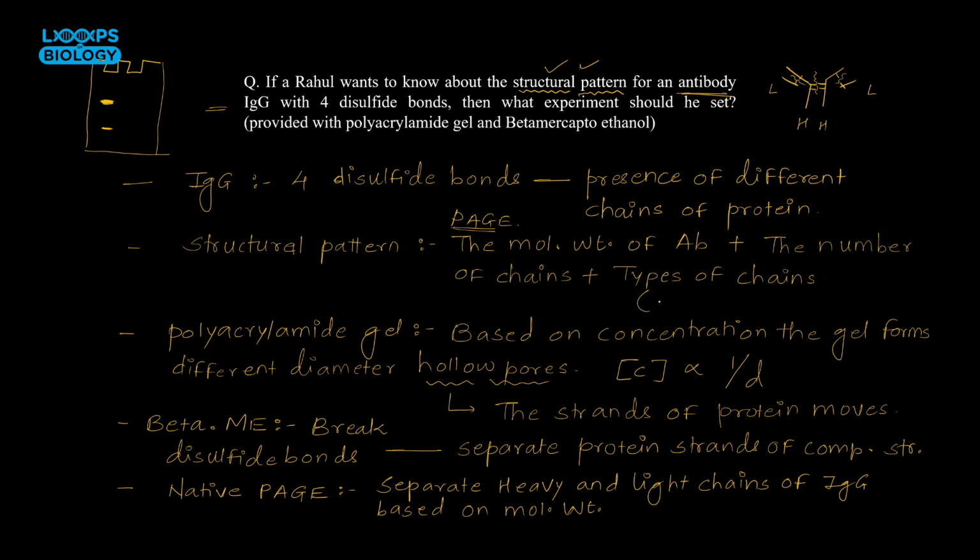For type of chain, we can use number of bands, and for the number of chains, we can use intensity of that particular band. I know this was one of the trickiest questions and it was quite tedious to understand. But if you have any doubt with this question, please comment down inside the comment box.